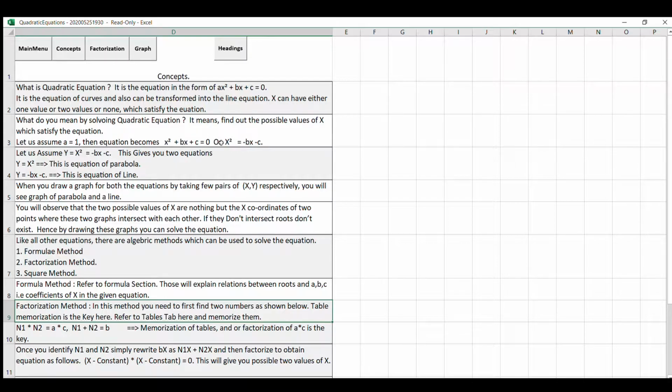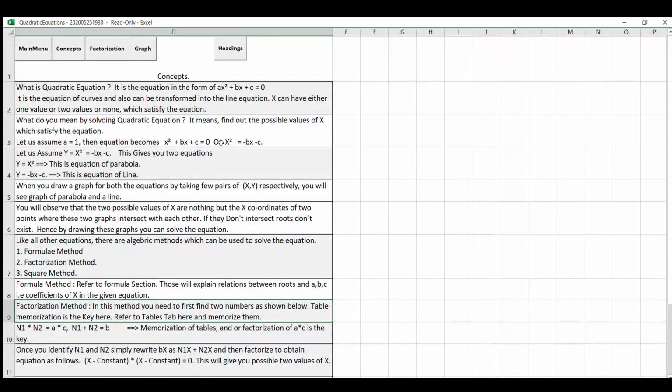Possibility 3: there are two possible values of x which satisfy this equation. So once again, there are three possibilities: you cannot find any value of x which satisfies the equation, or you have only one value which satisfies it, or x has two possible values which satisfy it.